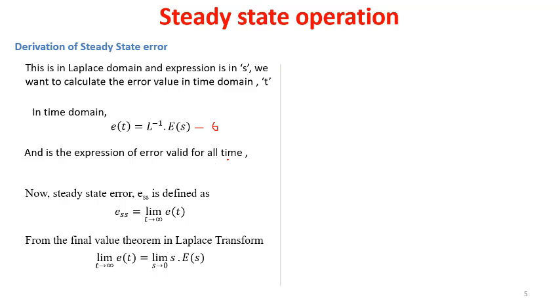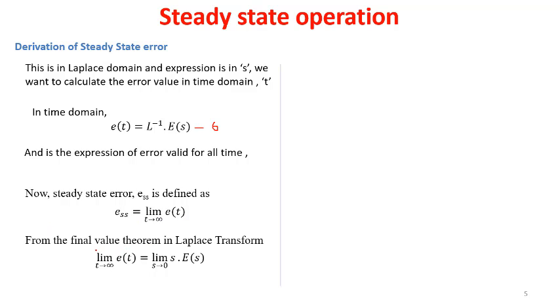Now for a steady state error, that is ESS, it is defined as ESS is equal to limit as t tends to infinity for a function e(t).